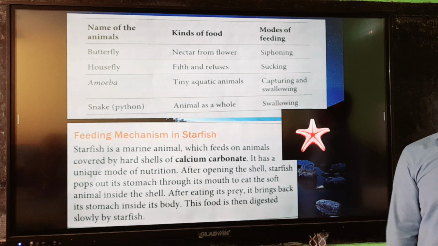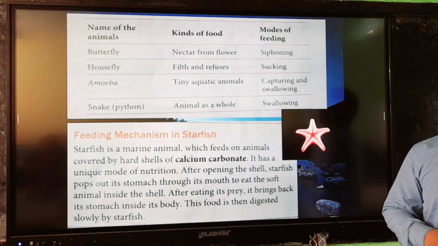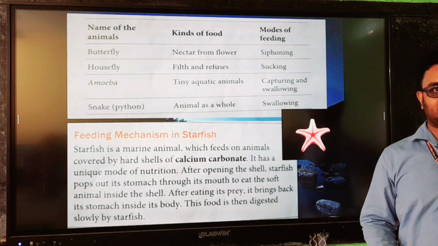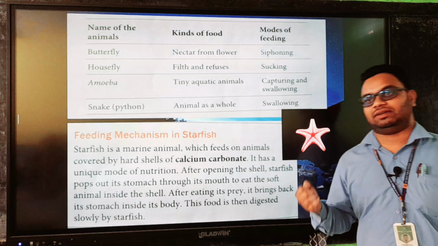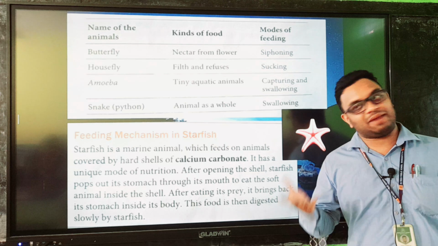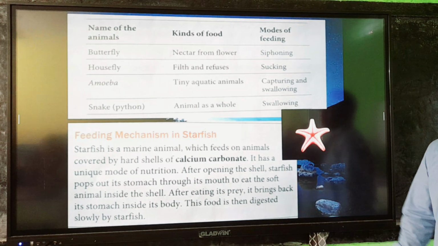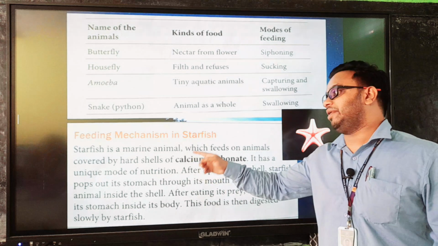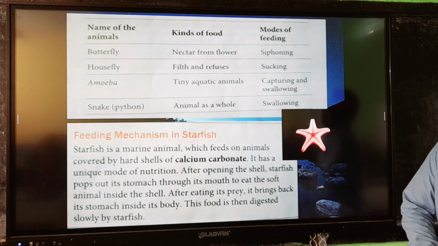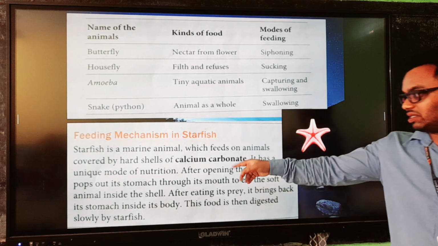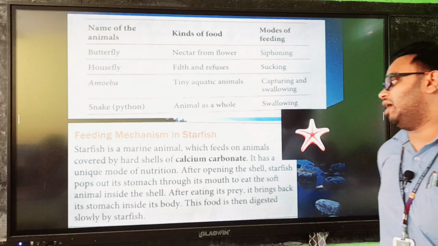You cannot do it. But starfish can do it. It can bring the stomach out of its body from its mouth and then eat the animal. Then it will again bring back the stomach inside its body. Very amazing. So starfish is a marine animal because it lives in salt water. That's a marine animal in sea, which feeds on animals covered by hard shell of calcium carbonate.